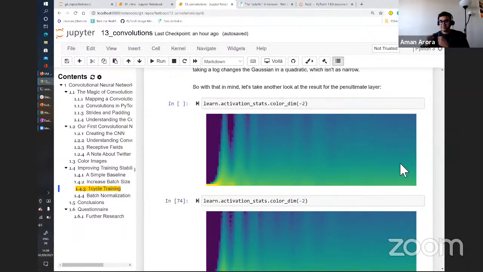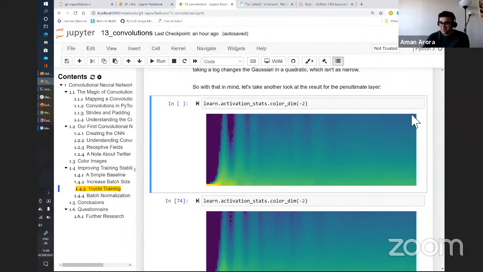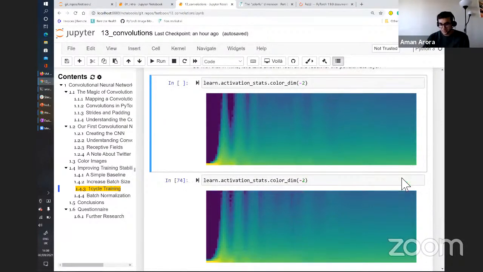What that means is that my network isn't really learning well, because remember, bright meant a higher number and dark meant a lower number. So you can see there's still blue at the top and light green at the bottom, which just means there's a lot of values that are close to 0.